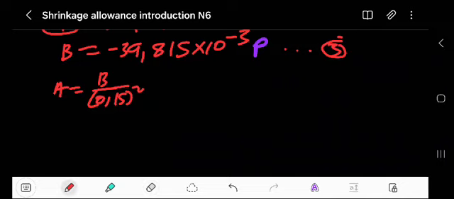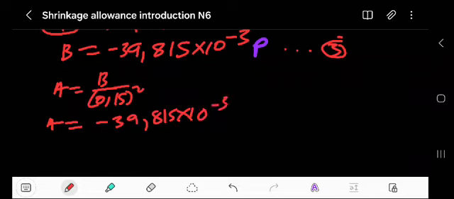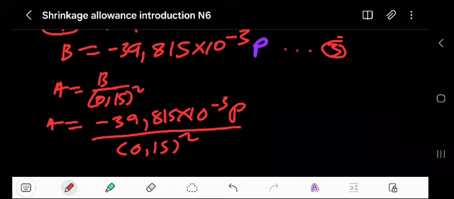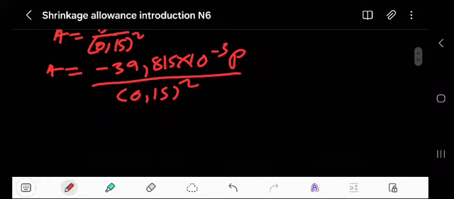Where you see p, replace it with that. a will be equal to, where we see p, minus 39,815 times 10 to the power of minus 3 p. Do not forget your p, all over 0.15 squared. Alright, so punch this on your calculator, this over that.